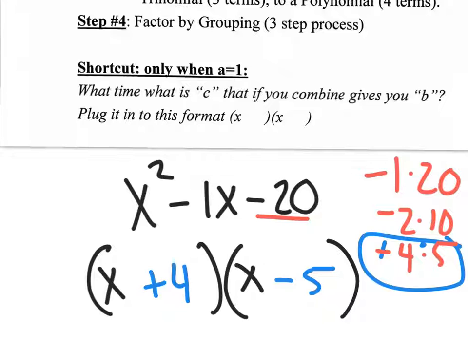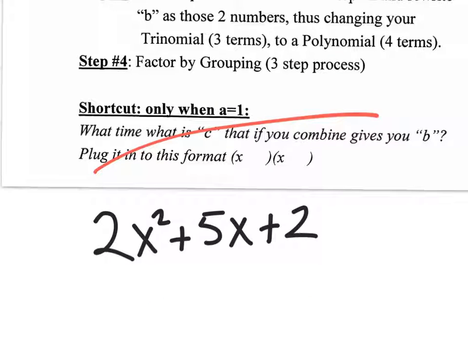But today we're going to jump into factoring quadratic trinomials that actually have a number right here. And we will not be able to use this shortcut. We're going to have to go back and do that long 4-step process, which is actually kind of like a 6-step process. Check it out. Let's say we have the quadratic trinomial 2x squared plus 5x plus 2.